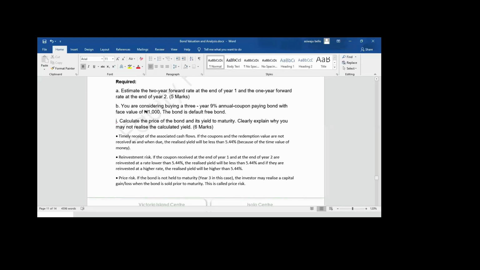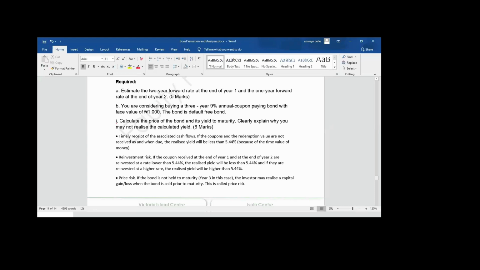Now, the next question is, how do we calculate the price of a default-free bond, that is a government bond?